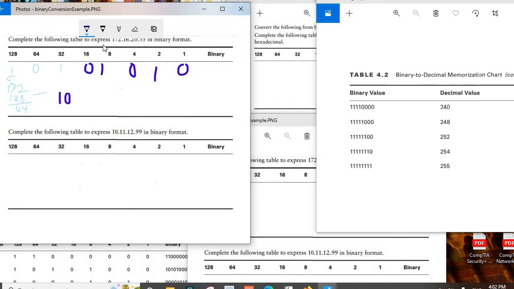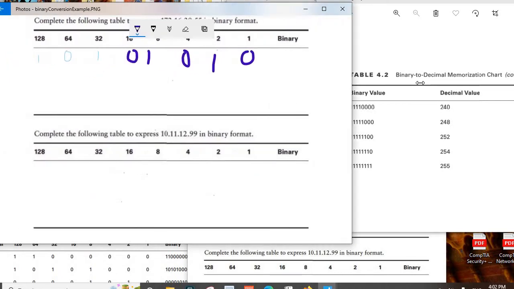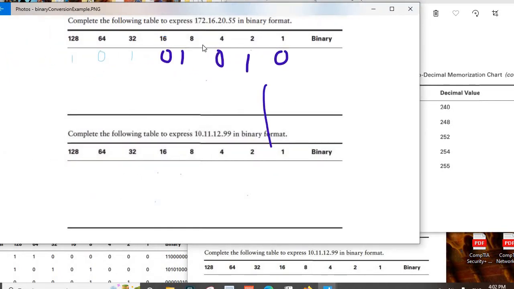The next one that we have is 16. For 16, all I would do, and it sucks that I have such limited space to show this, is put a 1 in the 16 place.